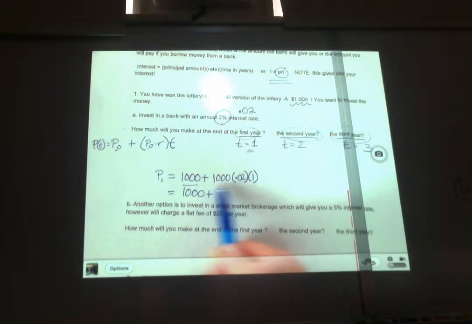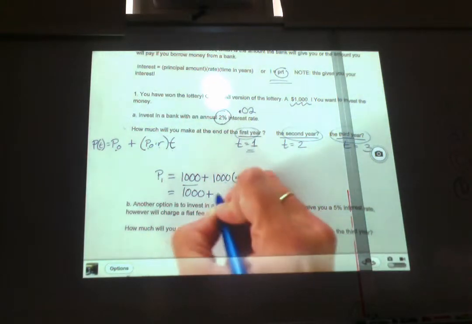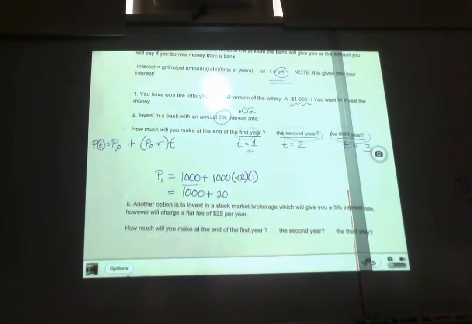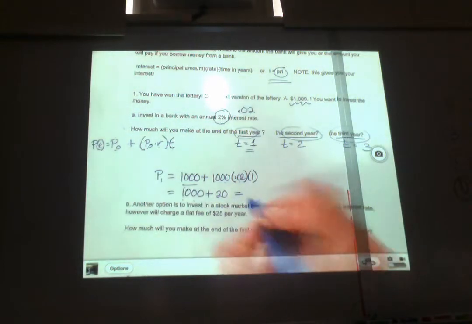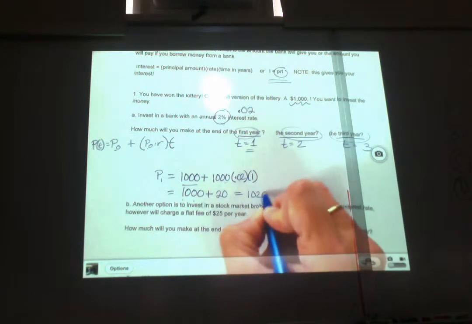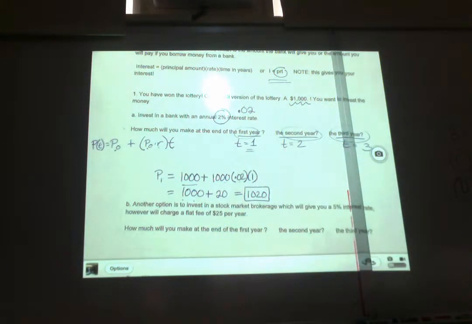What's 1,000 times 0.02? 20. So at the end of 1 year, we started with 1,000, but we have 1,000 plus the interest of 20. 1,020 is what we have after 1 year.